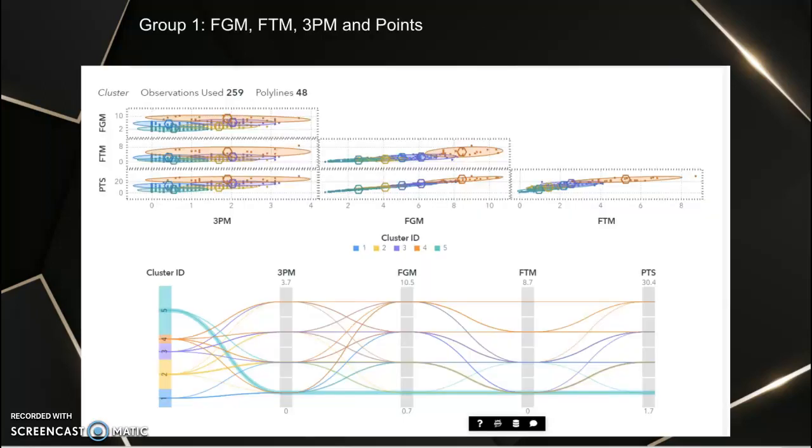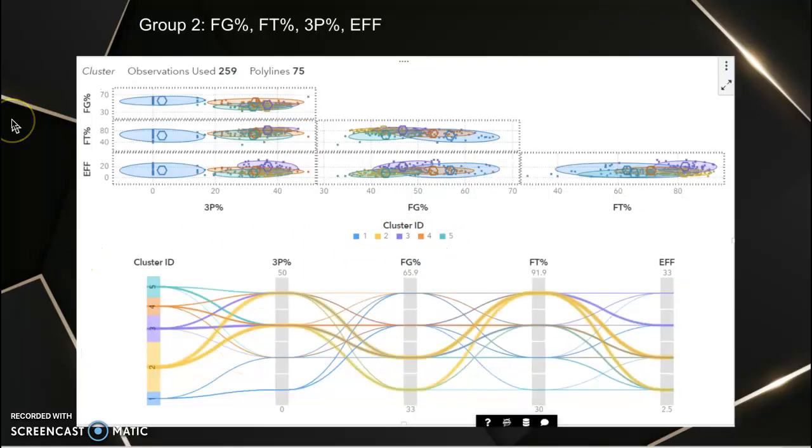So for group 1, we have FGM, FTM, 3PM, and points. We can see that the cluster IDs are grouped by the different colors. The second group that we have is FG%, FT%, 3P%, and EFF.